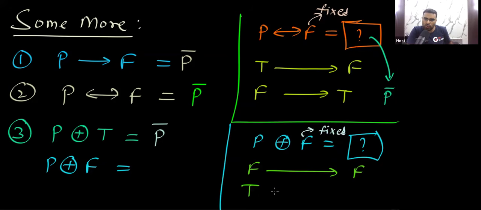And if P is true, then it will be true. So can you see, I'm writing P as it is. So this will be the same as P. I hope all these points are clear. Understood? So can you solve all these types of simple equations?